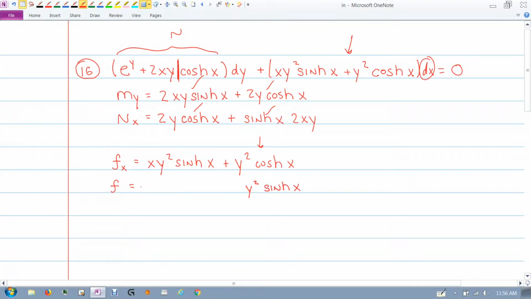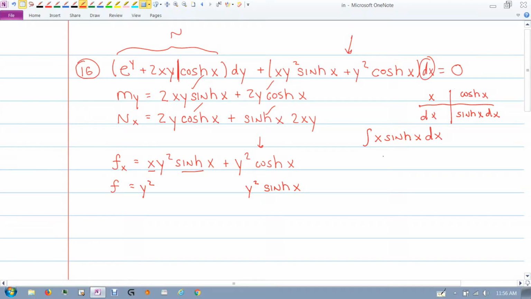And then on this one, the y squared is going to come for the ride, and then I still have the x and the sine hyperbolic x. So I'm trying to integrate x sine hyperbolic x dx. So a quick little integration by parts: x, sine hyperbolic x dx. This is cosine hyperbolic x. This is dx.